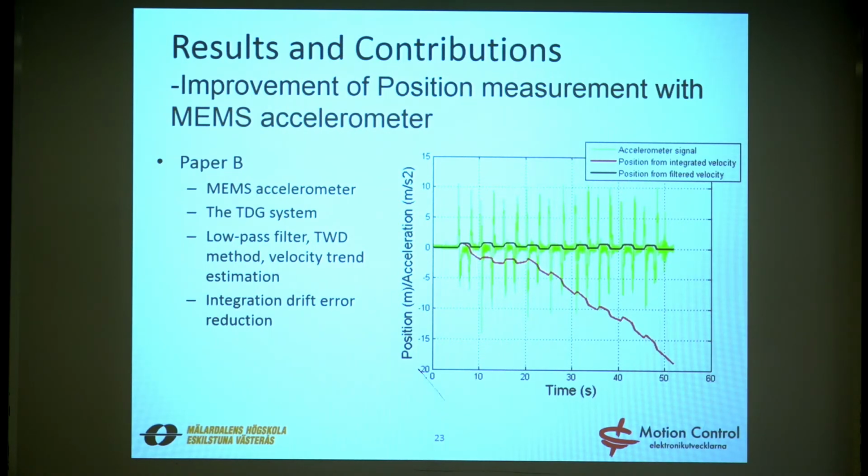We can say in the figure, the green curve is the measured acceleration signal, and the red curve is the position signal calculated directly from the green curve, and the black curve is the position from filtered velocity.